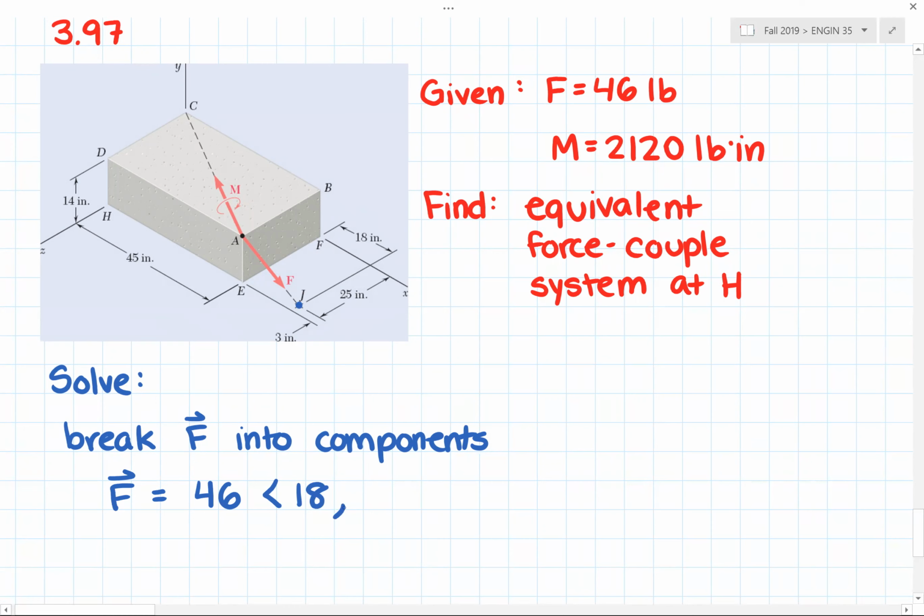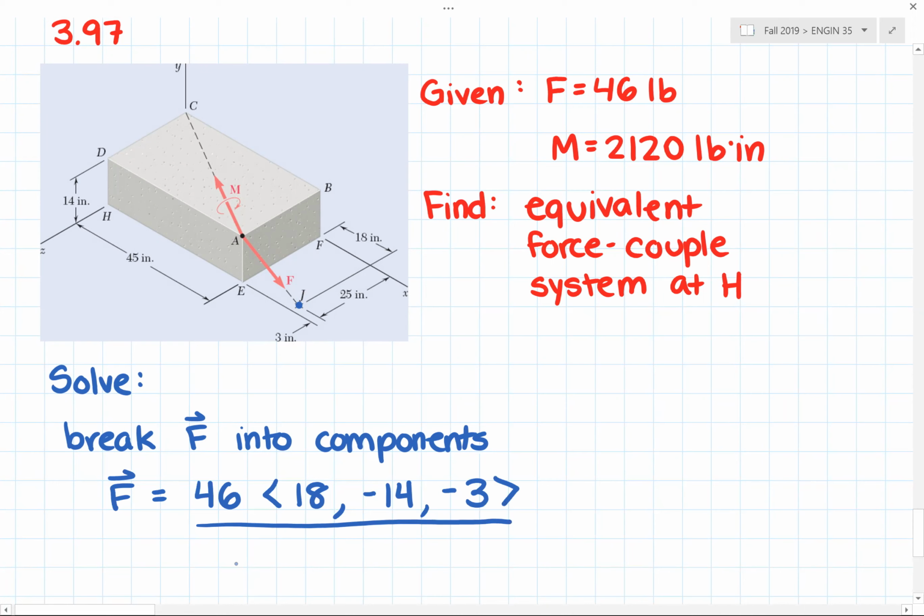In the Y direction, it is negative 14 inches. And in the Z direction, it is negative 3 inches.